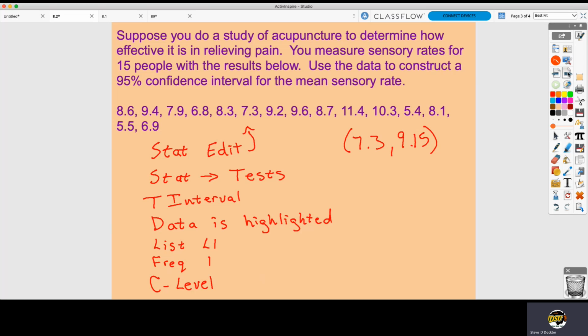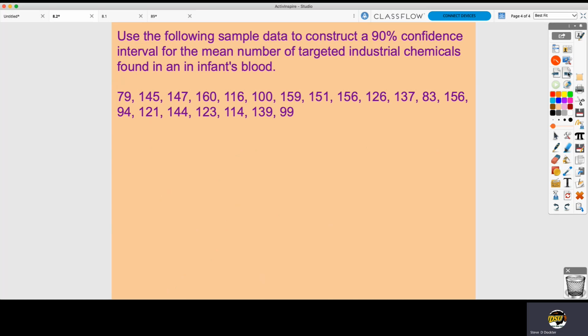Okay, so what I want you to do, I want you guys to find the answer to this set. And there are 20 numbers in that list.